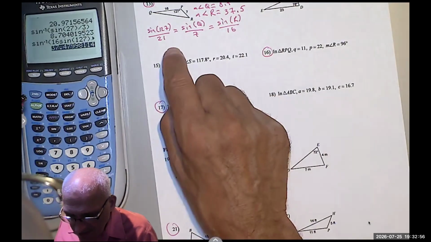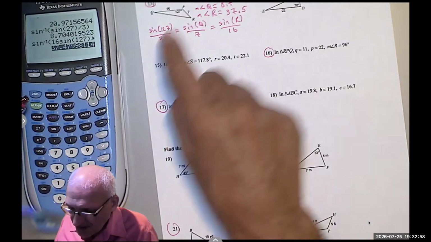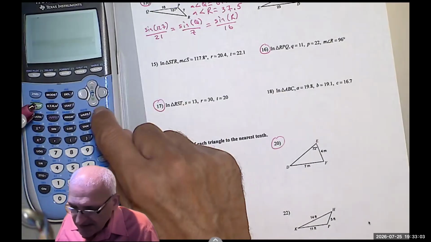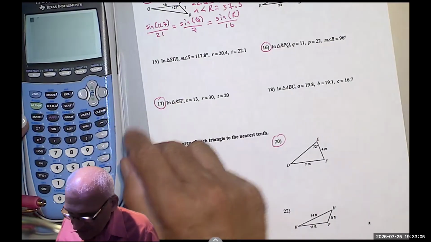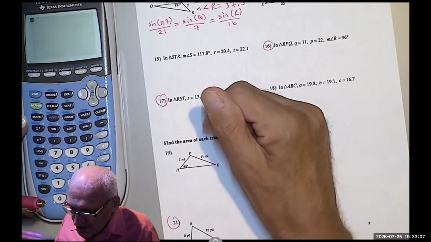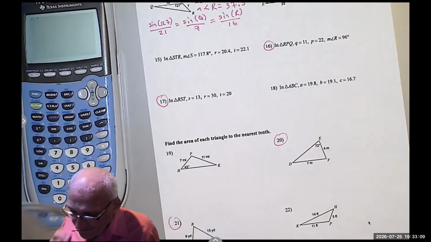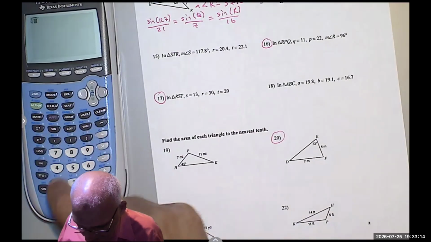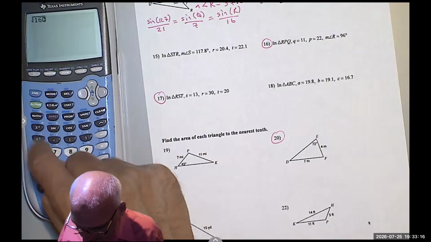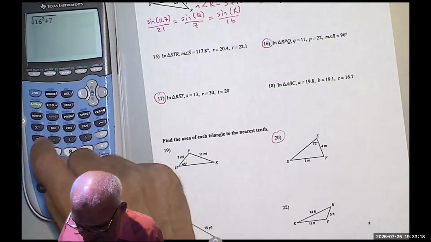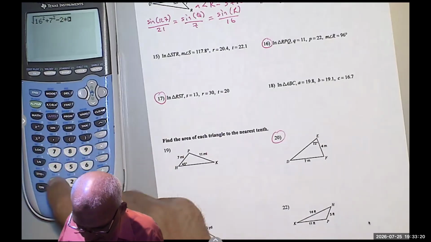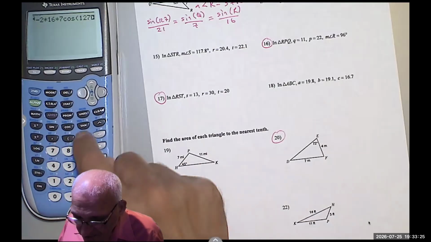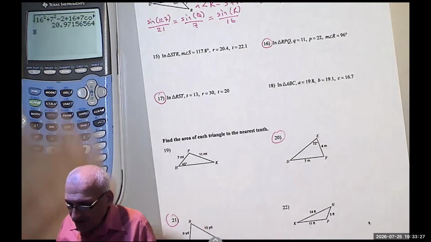I think because I said 21, it's not 21, it's really 20 point something. I don't know if that would make a big difference. Oh my God, I deleted that. So let me do this quickly again. I'm going to say square root of 16 squared plus 7 squared minus 2 times 16 times 7 cos 127. Yeah, 20.97.